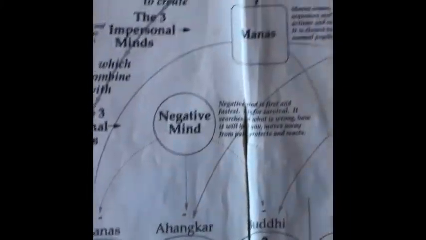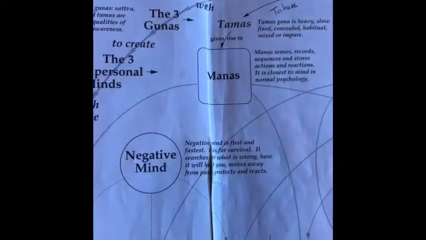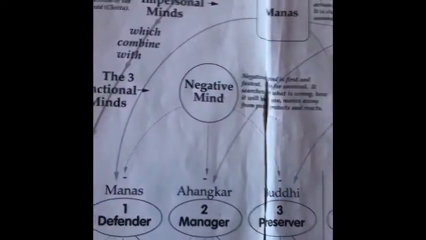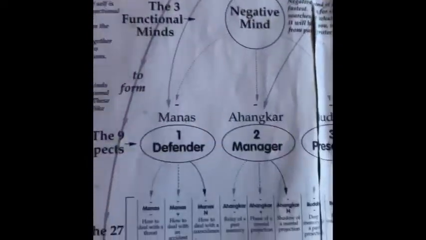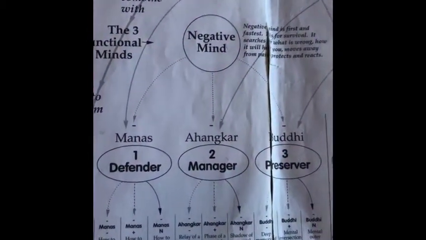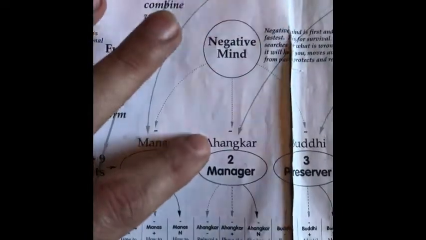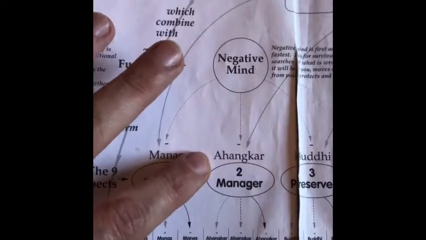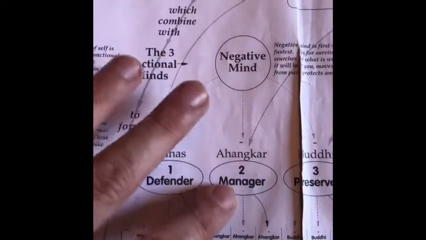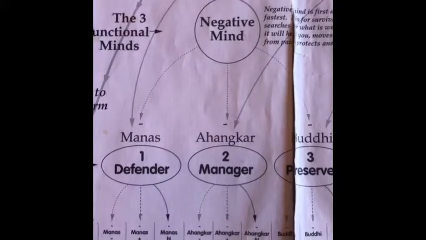How that works is, chitta goes into the tamas, the first layer, then goes down to this first section, which all deals with the negative mind. Then you look at Akankar, which is another word for rajasic. Basically, it's energy which attaches. And then finally, it flows down into neutral or sattvic, which is the judge.